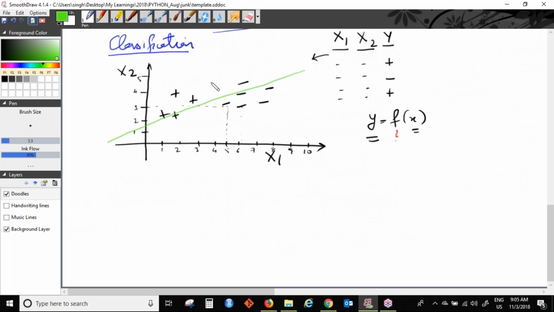Anybody? Okay, Arpita says by clusters we will identify where y will lie. Can you elaborate what clusters you mean?